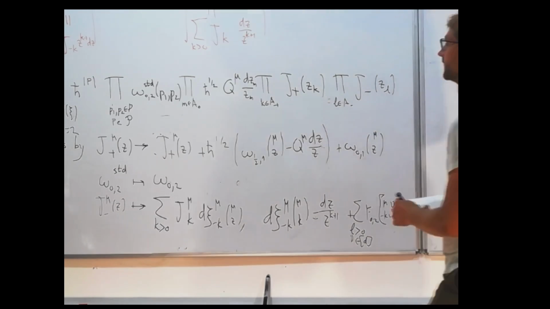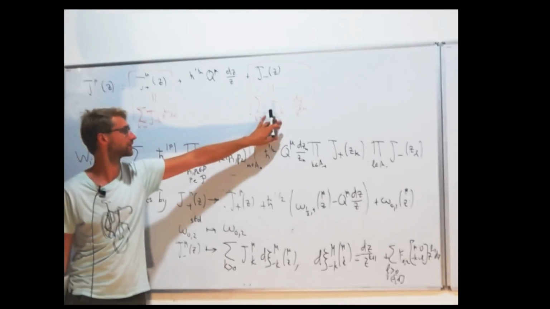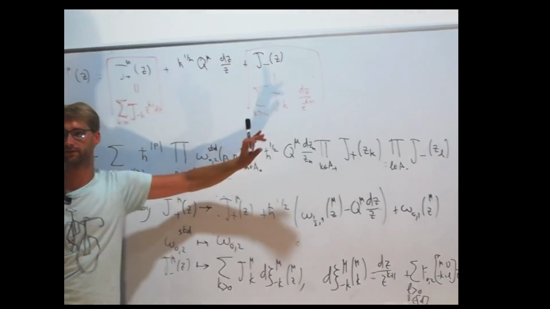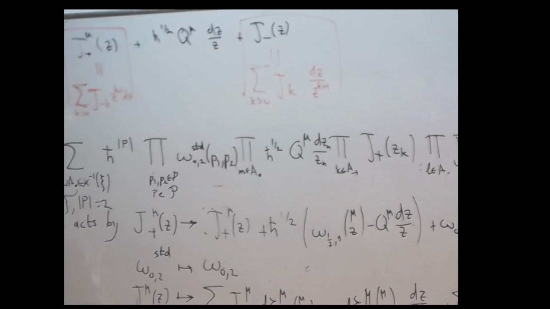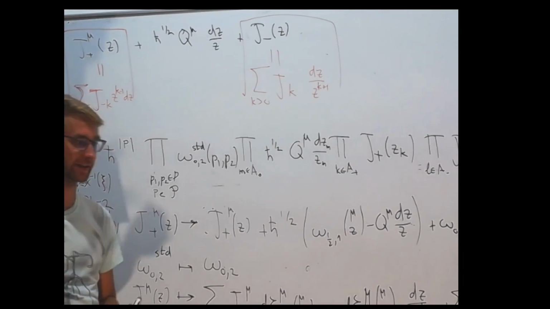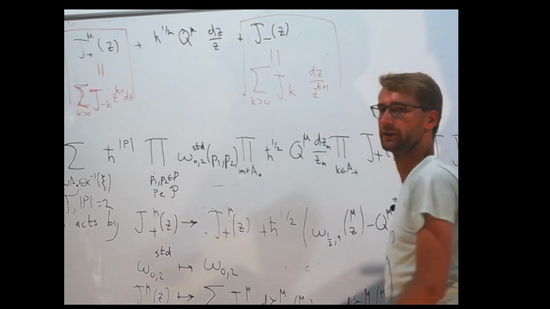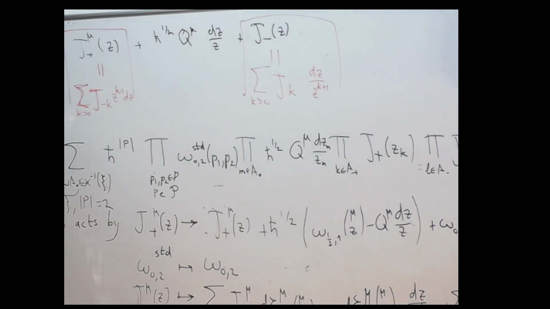Right. So the negative modes are multiplication modes, and the positive modes are derivation modes. Yeah, that's quite important because that's how we got this, right? We started from the W's. They were elementary symmetric polynomials in the modes, and then what we did was we normal ordered them, and that's how we got all of these contributions from omega 02 standard.